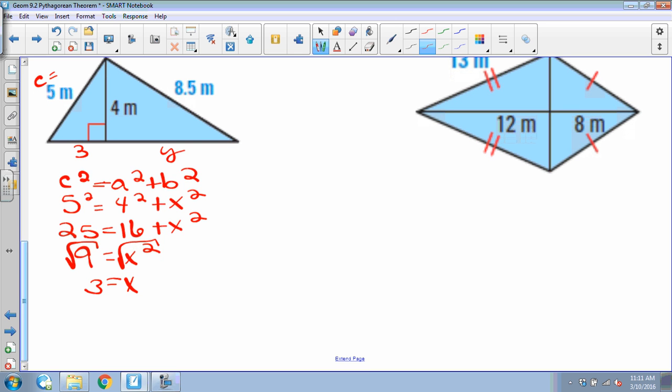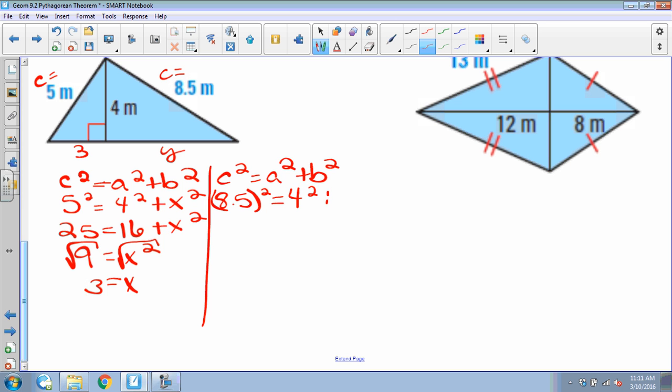Then we do the other one. We find y. So this is c. Now that's a and b. So c squared equals a squared plus b squared. So 8.5 squared equals 4 squared plus y squared. So 8.5 squared, 72.25, equals 16 plus y squared.